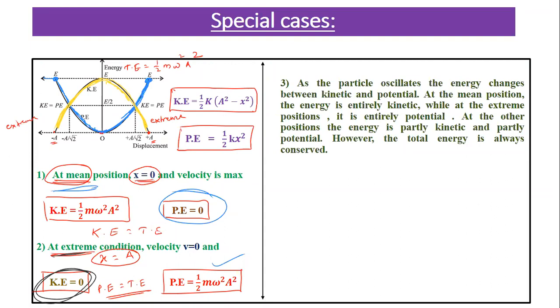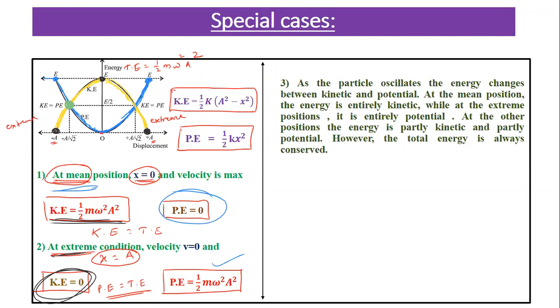This is the extreme position, so kinetic energy is 0. And at mean position, kinetic energy is maximum, which is equal to the total energy E. So kinetic energy varies. Now at this position, both the energies are the same.